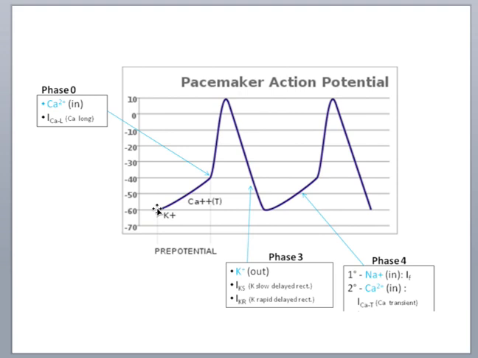And what happens is when that sine wave reaches a specific point, such as seen here at negative 40 millivolts, that triggers the action potential. And so our calcium channels actually open, and calcium floods into the cell, and that causes our action potential here. Now you might be thinking, what causes this sine wave to be down here?